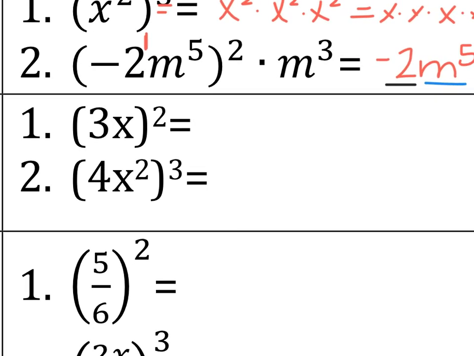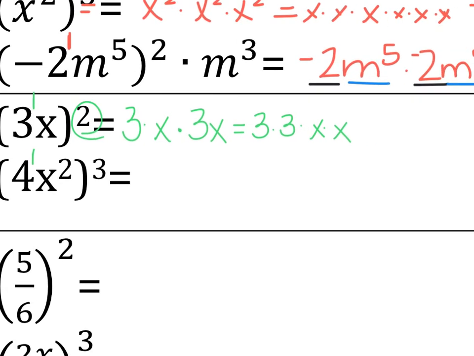So as I said, if it doesn't have an exponent, you give it a 1. So the long way, this means 3 times x times 3 times x, because we need it 2 times. If we write it out, grouping like bases together, it's 3 times 3 times x times x. 3 times 3 is 9.